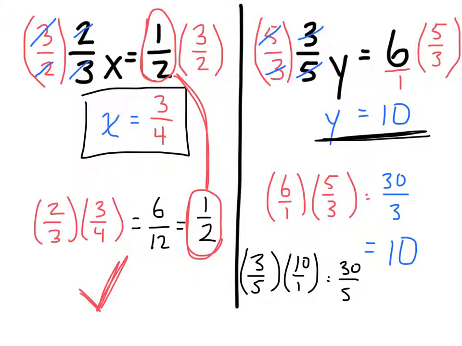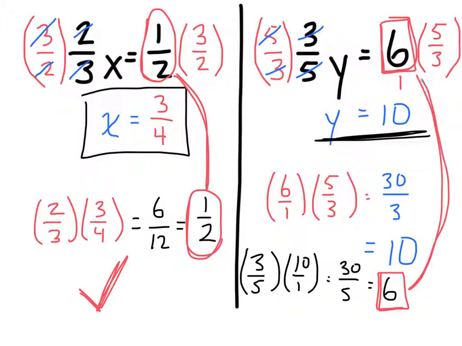So what is 30 divided by 5? That answer is 6. So our answer of 6 here is the exact same as the answer of 6 up at the top. So these are the exact same. Our answer is correct.